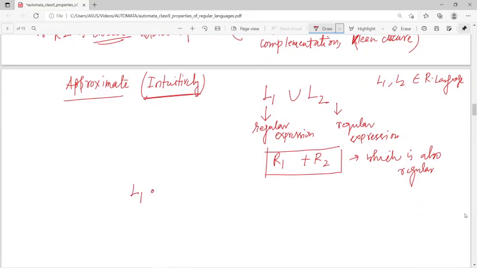Now concatenation. L1 is a regular language, and we want to concatenate it with L2, which is also regular. If the regular expression of L1 is R1 and that of L2 is R2, and we concatenate them, that is also a rule of regular expressions: if R1 and R2 are regular expressions and we concatenate them, the result is also regular.